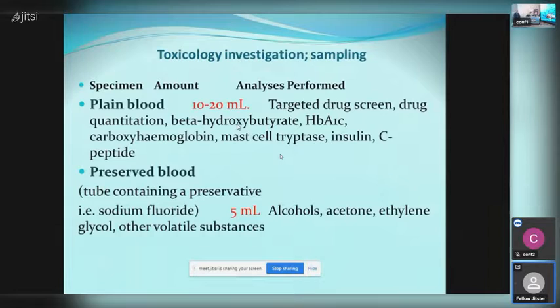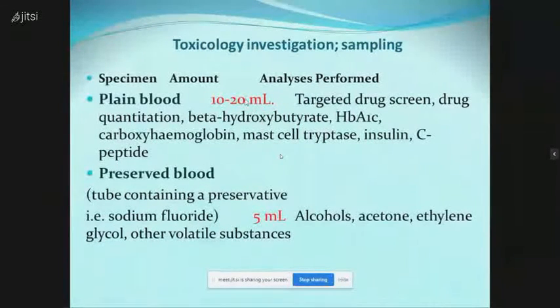So, toxicology investigations. First, when we do this, we have to take samples, and this includes blood samples, male blood, and the amount should be around 10 to 20 mils, and also some preserved blood, 5 mils.